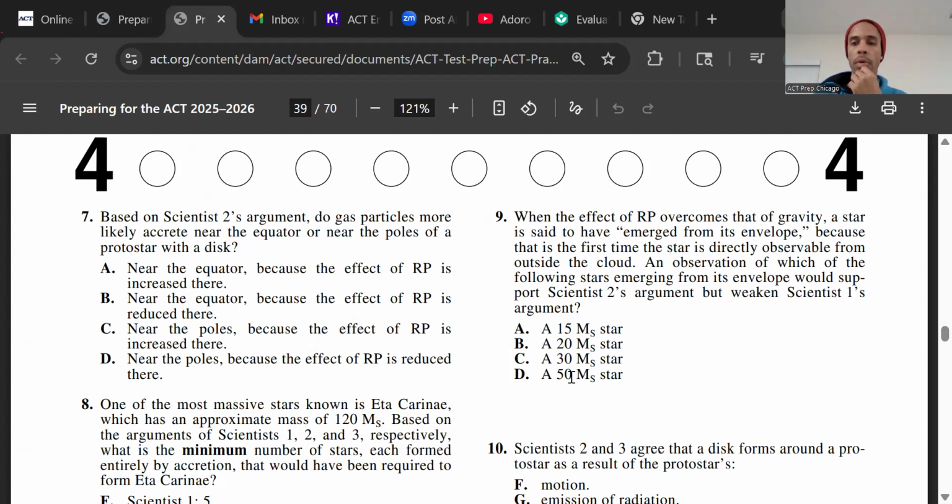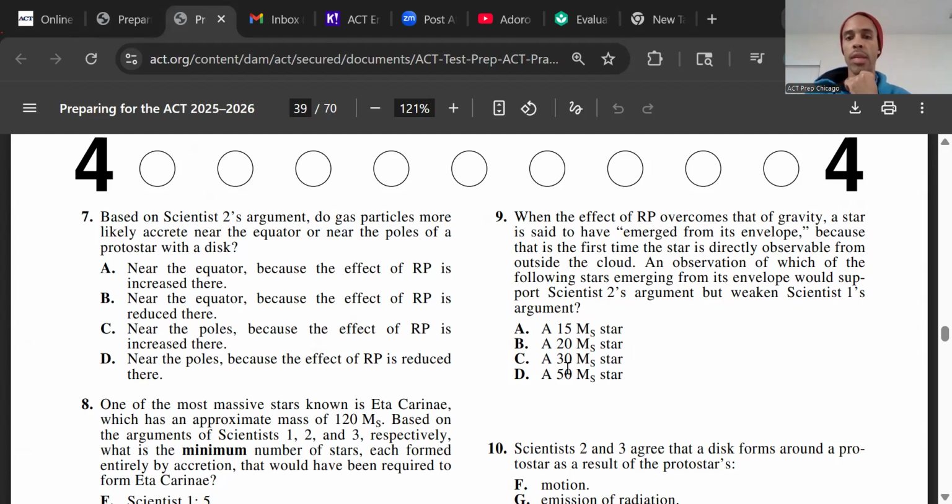So 50 will weaken both scientists' arguments. 15 and 20 will work for scientist 1. It wouldn't weaken scientist 1. 30 would work for scientist 2, but it will weaken scientist 1, which is what the question asked for.